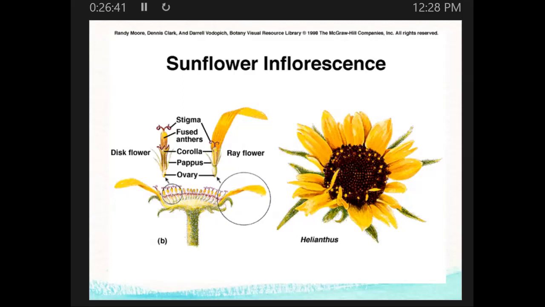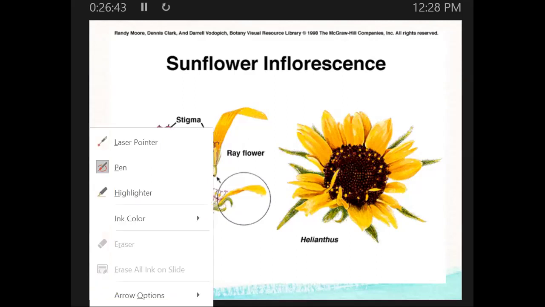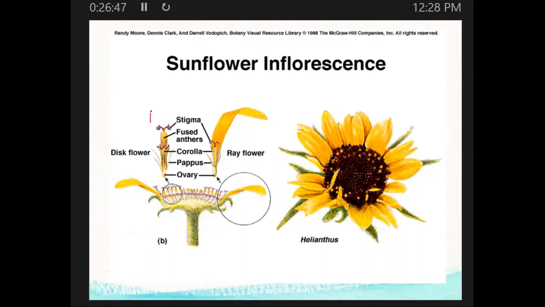The disc flowers are perfect flowers. So you have the stigma, style, and ovary, and then the anthers are essentially fused to the style. And so you have both male and female in those tiny little disc flowers.